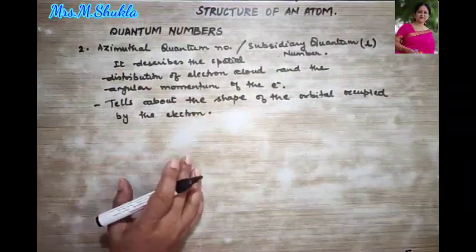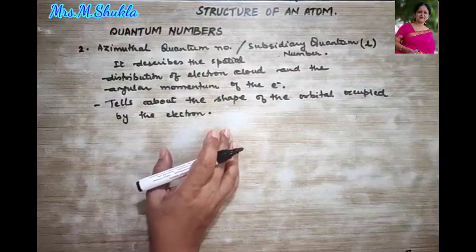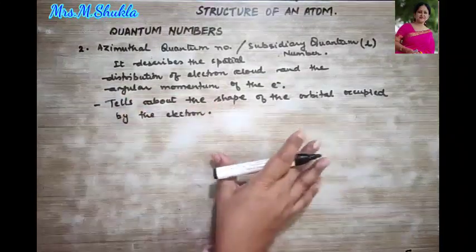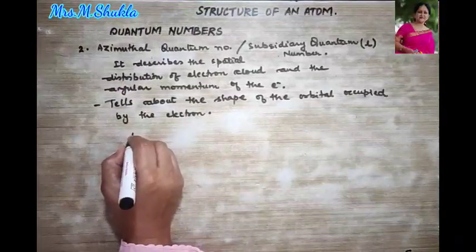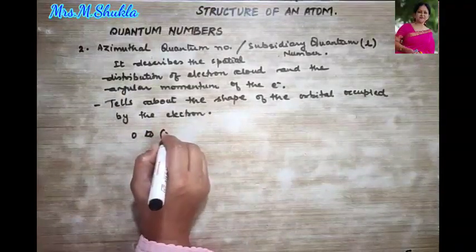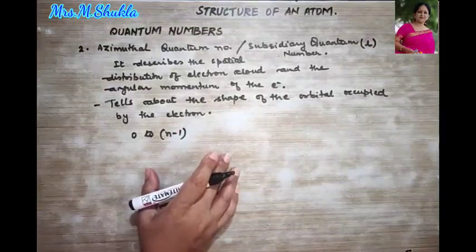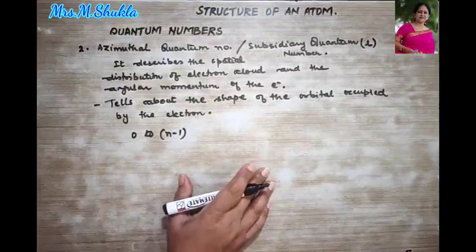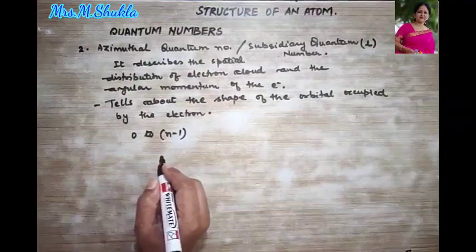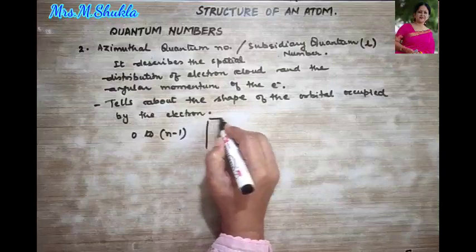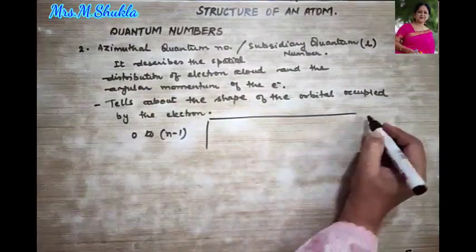For any given value of n, always remember the azimuthal quantum number can have all integral values which range from 0 to n minus 1, and each value will correspond to a subshell. Clear? So let me explain this point with the help of a small table so that things are a little more clear.